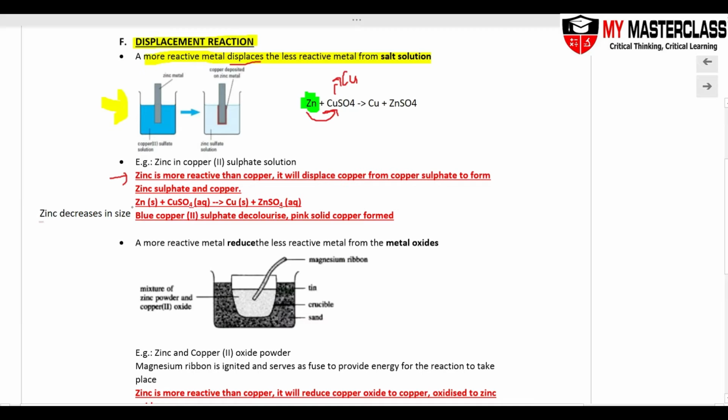Blue copper sulfate, your qualitative analysis, you have to know blue copper sulfate turns to ZnSO4, it decolorized. Zinc sulfate has no color. And then copper comes out as a solid. My copper is a pink or red brown solid.